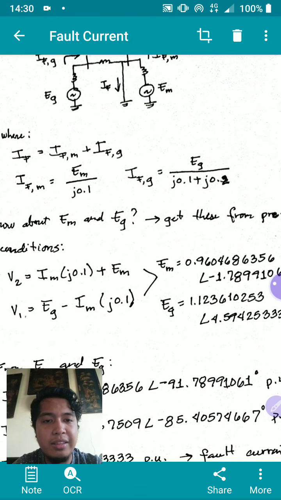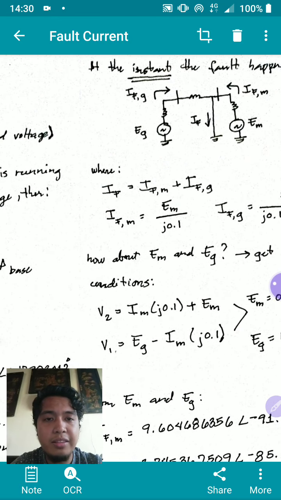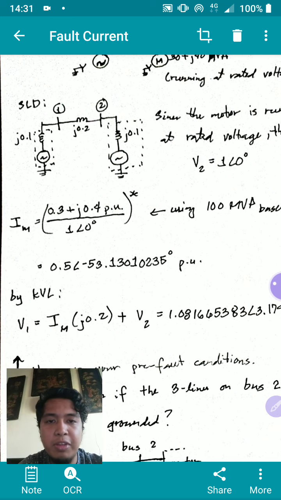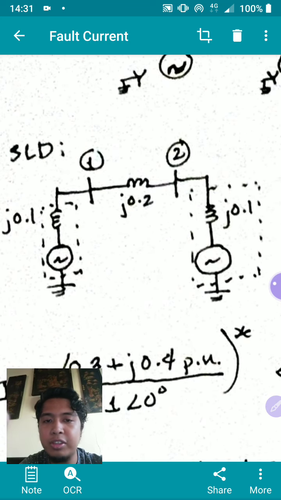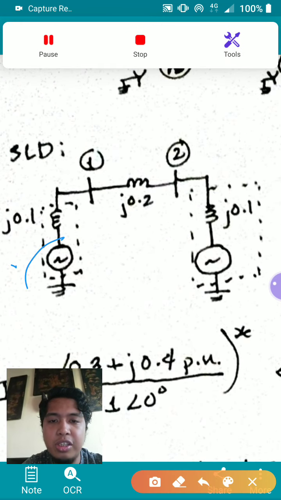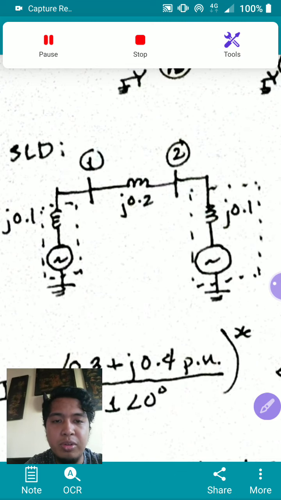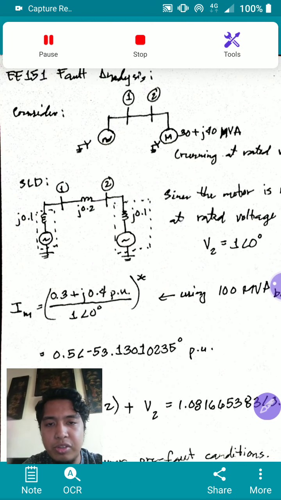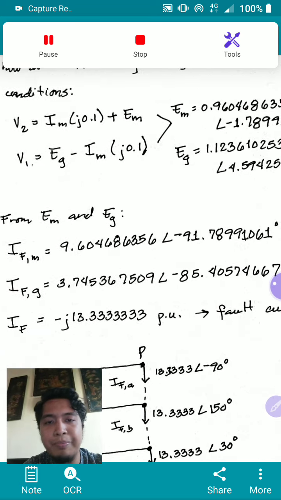So how do you get this? Well, you get this EG and EM from this pre-fault condition, because this is your condition before the fault. This is basically your EG, this is your EM. So you just perform your circuit analysis on those two.